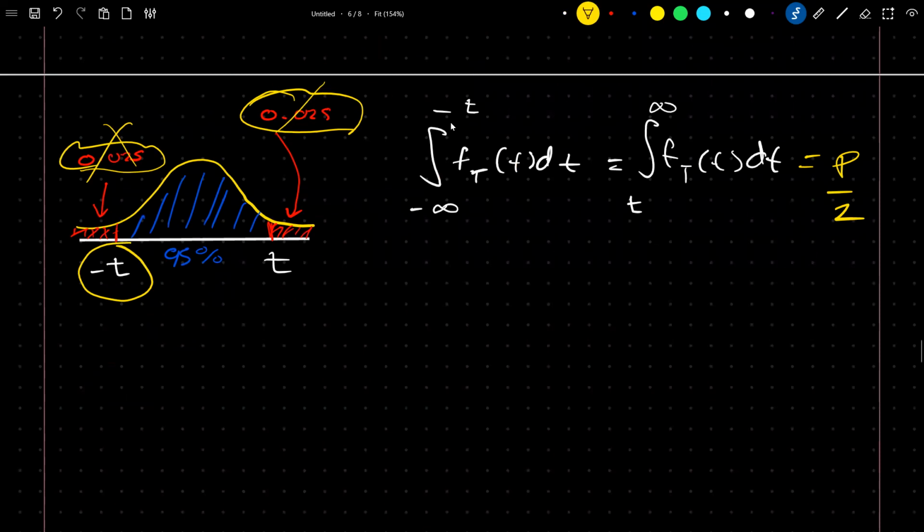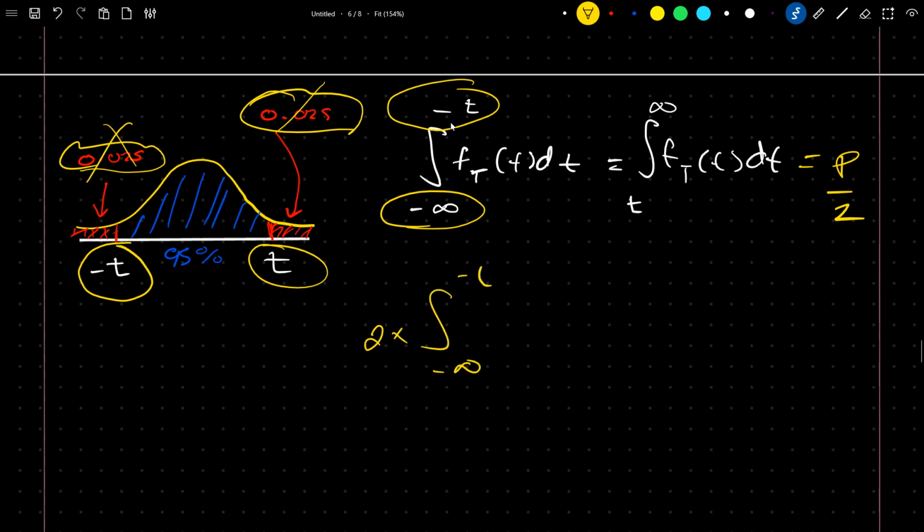Because when you calculate from negative infinity to negative t, we're only getting the area up to negative t, and when you calculate from t to infinity, we're only getting that area. So we have to take our integral, whichever one we choose, and multiply it by 2. And that will give us our p-value.